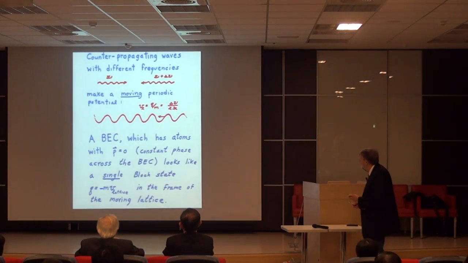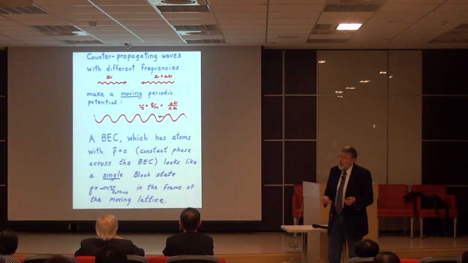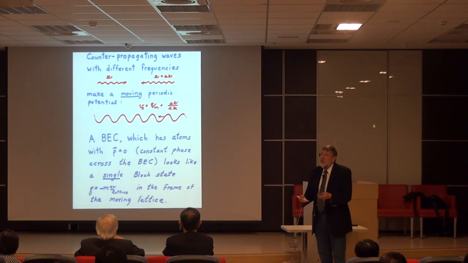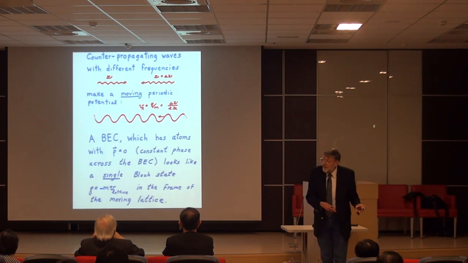Okay, so that's the situation we've got. Now we want to think about how we create atoms in an arbitrary Bloch state. So I showed you before, just turning on a lattice, what happened was it went into a Bloch state that had a quasi-momentum of 0 because the lattice was not moving with respect to the atoms.